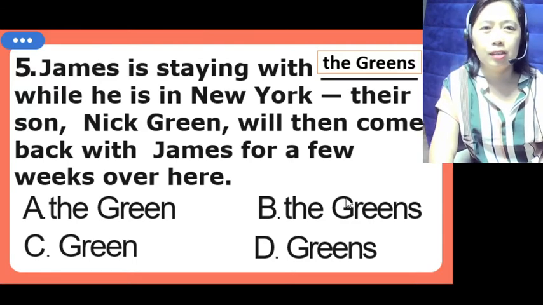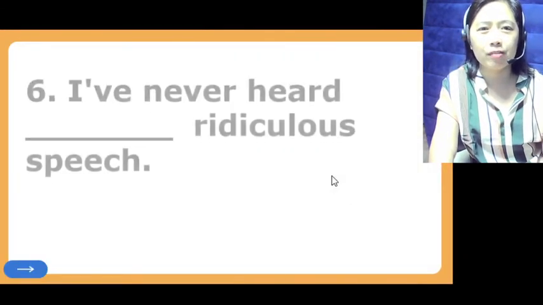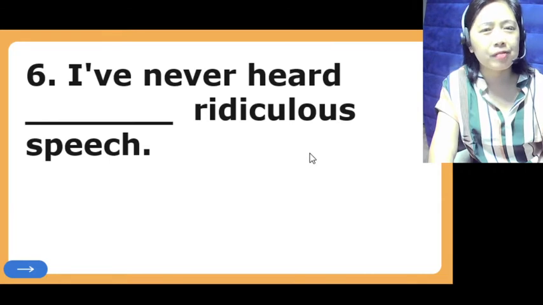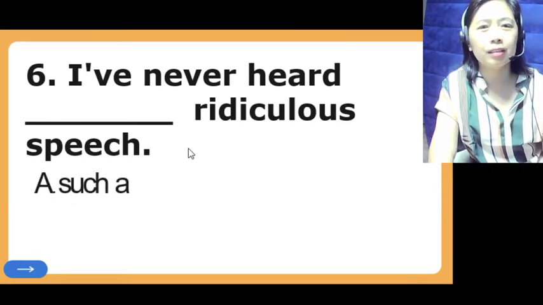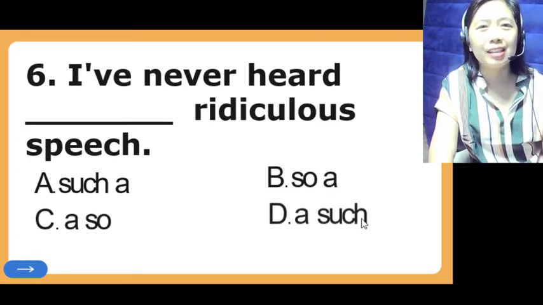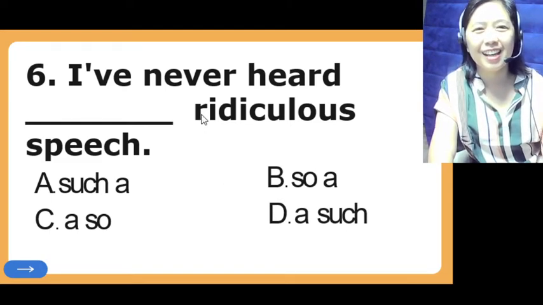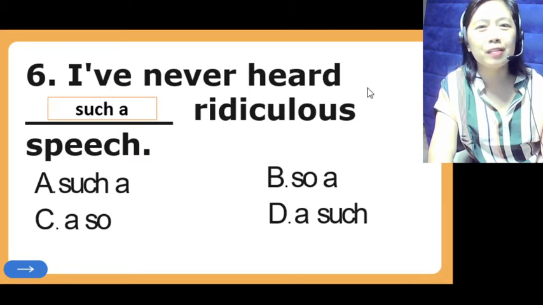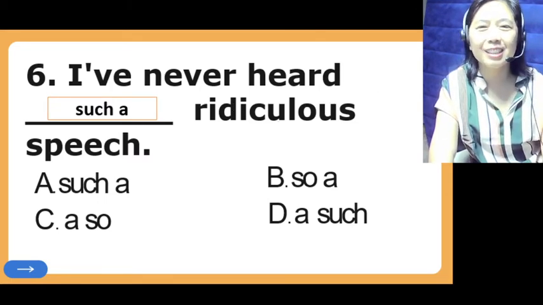Okay, let's have number 6 here. I've never heard blank ridiculous speech. Choices: such a, so a. Our answer here is such a. I've never heard such a ridiculous speech.